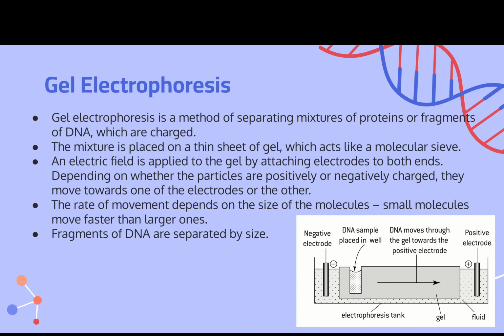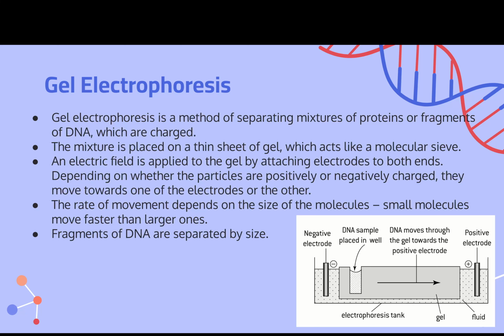So the first one is gel electrophoresis. Gel electrophoresis is basically a method of separating mixtures of proteins or fragments of DNA which have been charged. The DNA sample is placed on a thin sheet of gel, which acts as a sieve essentially.